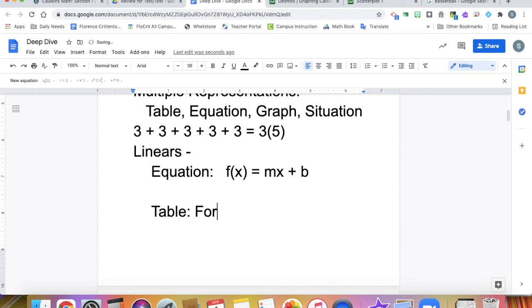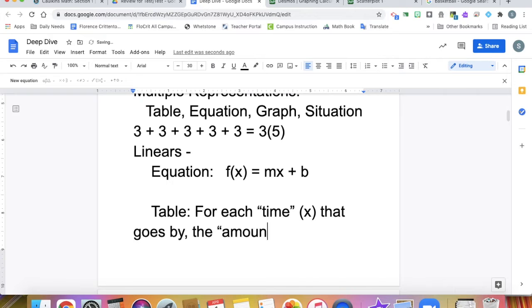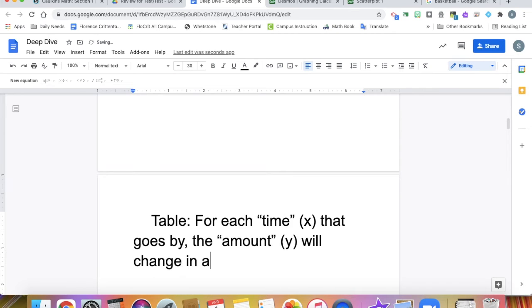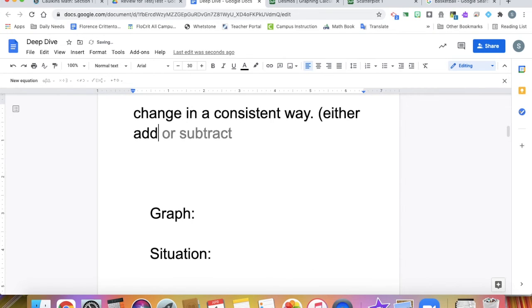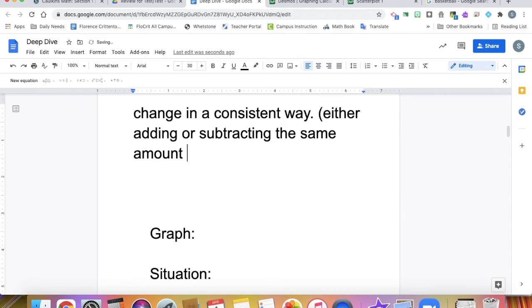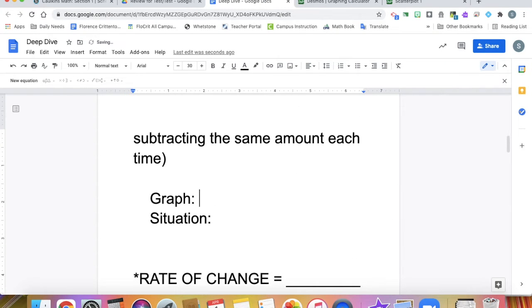So in the table, for each time, which is x, that goes by, the amount, which is y, will change in a consistent way, which just means you are either adding or subtracting the same amount for each time. Then linear equations, when you put them on a graph, they always end up making straight lines.